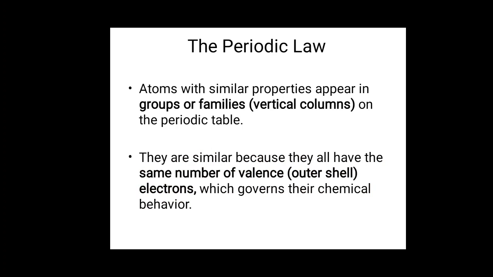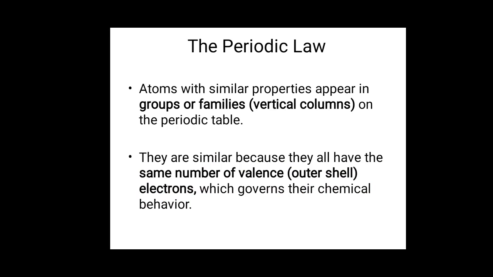Actually, periodic law means the properties of elements are a periodic function of their atomic number. Atoms with similar properties appear in groups or families. Groups are the vertical columns of the periodic table.